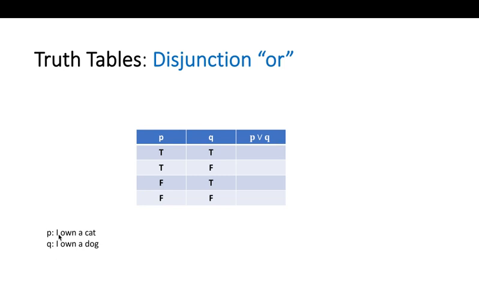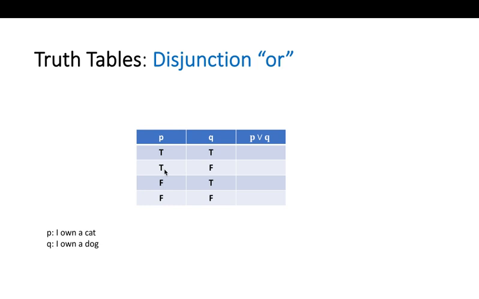Okay, now let's get to the truth table for the or statement. So I'm using an example. Suppose I say that P is the statement, I own a cat. Q is the statement, I own a dog. Then P or Q is the statement, I own a cat or a dog. So when is that going to be true? Well, it's certainly true when you own both a cat and a dog.